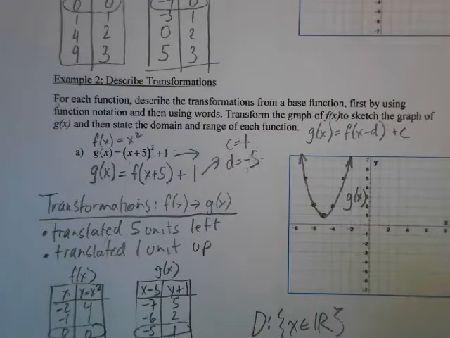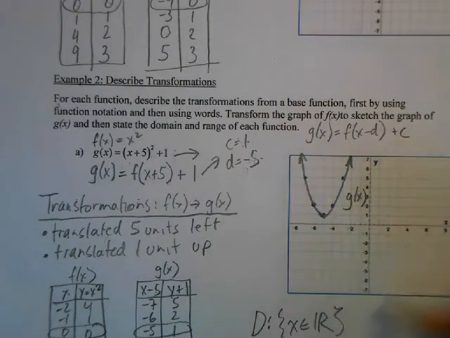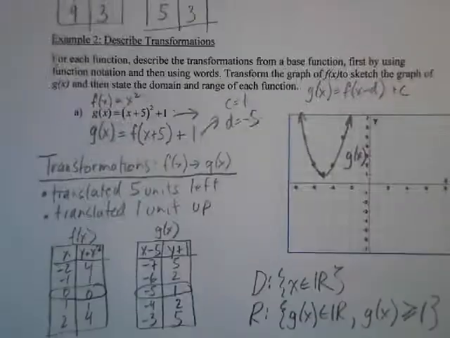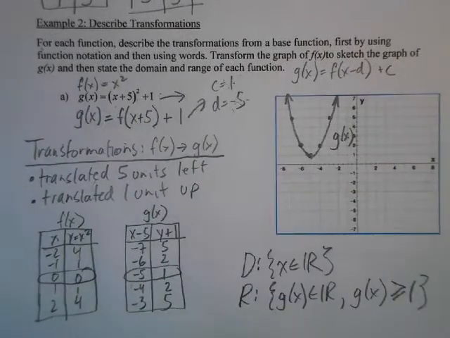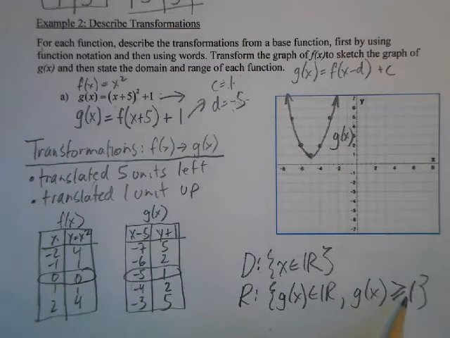You can tell that from the graph because anything less than 1, there's no point on the graph. Oh, sorry, I guess you weren't seeing that. So domain: x is any real number, anything goes. Range: g of x is any real number, but g of x has to be greater than or equal to 1.